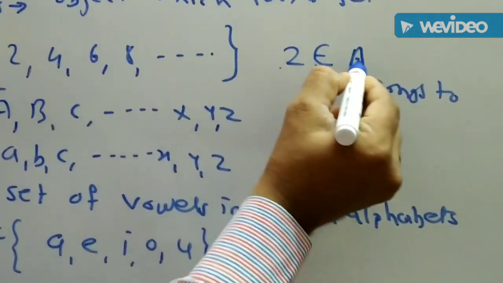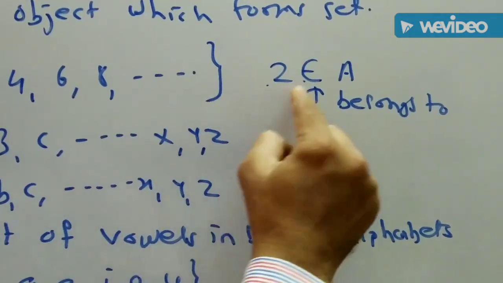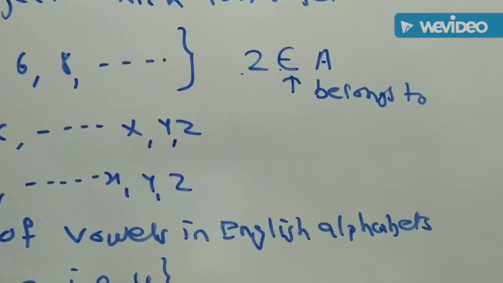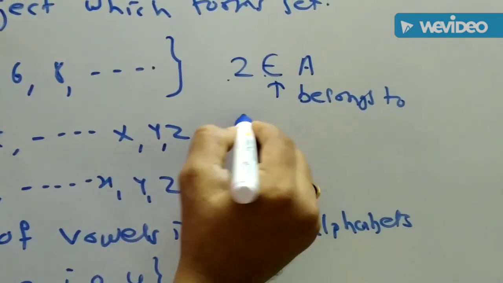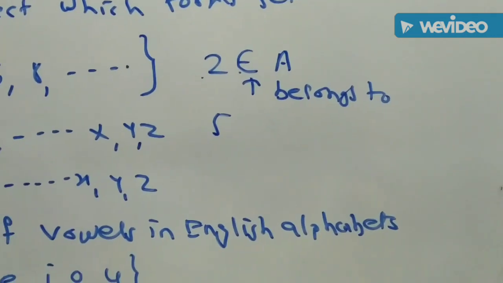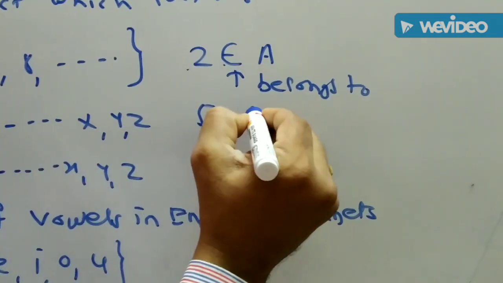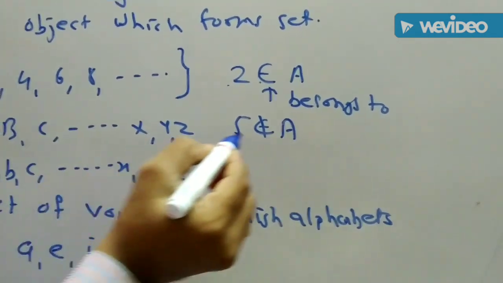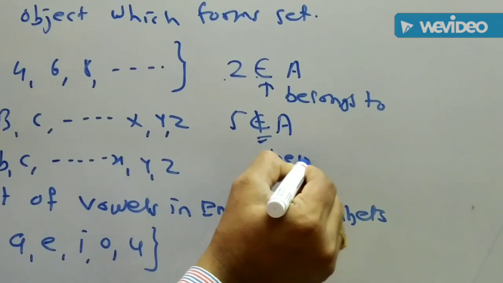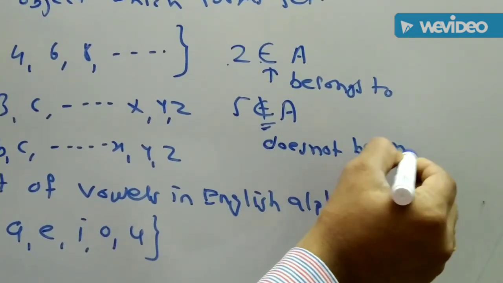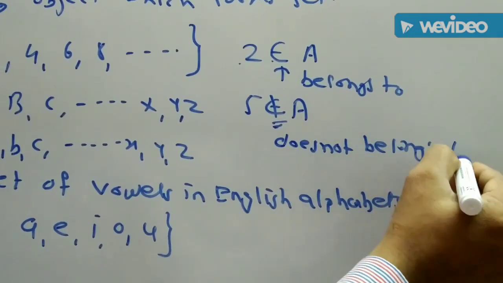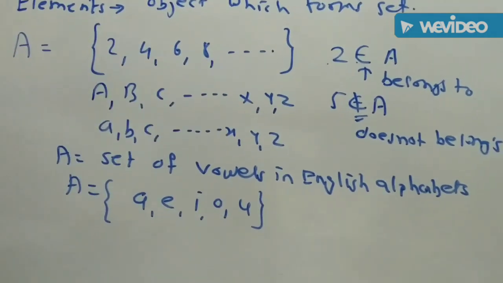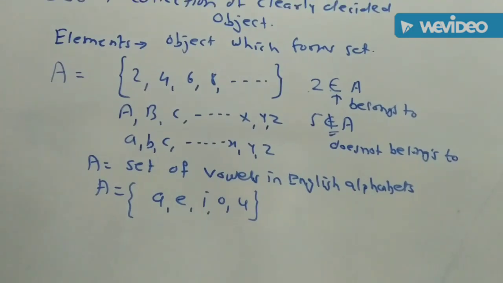That is, 2 belongs to the set A, which means the element 2 is present in the set A. Suppose 5: is it present in A or not? No. Therefore, 5 does not belong to the set A, and this symbol is called does not belong to. That means the given element is not present in that set. These are the most important points of the topic set.